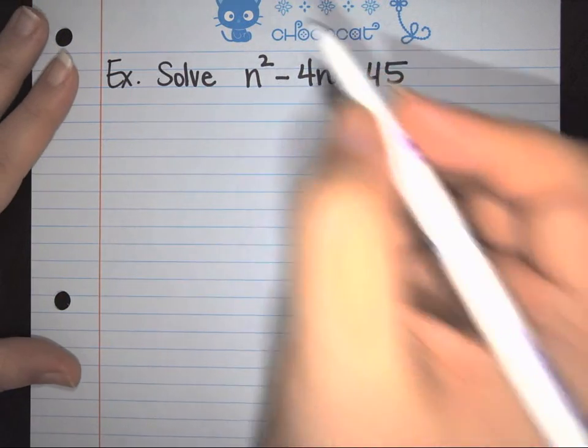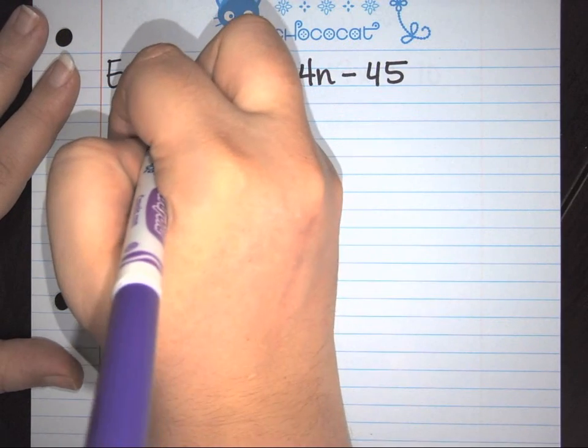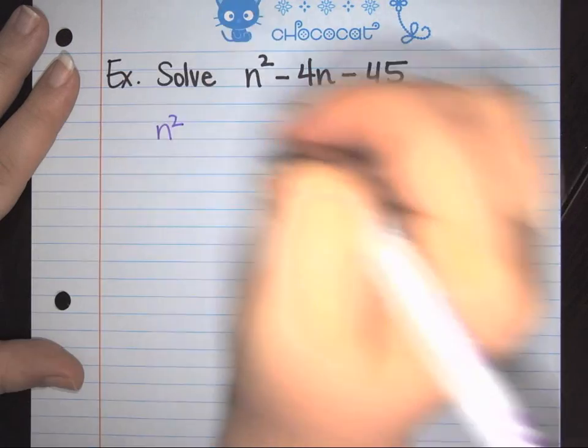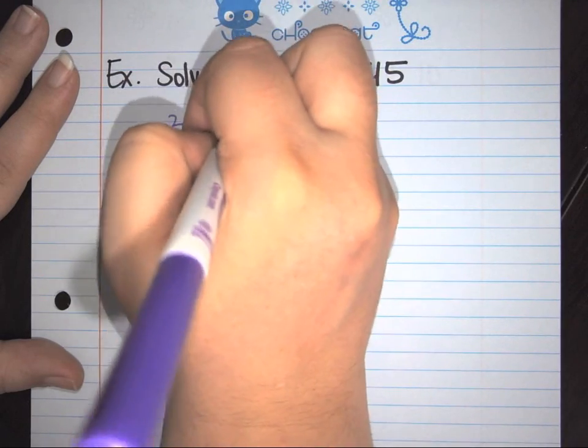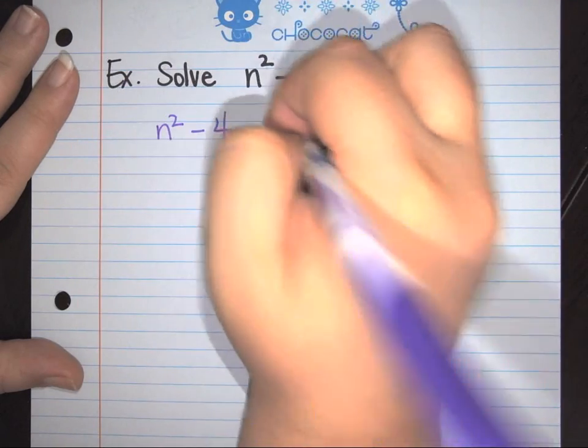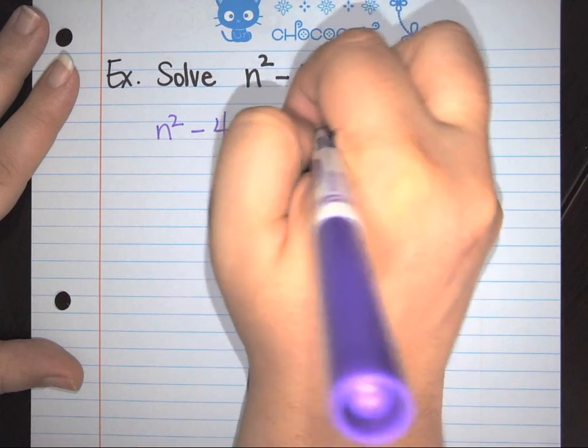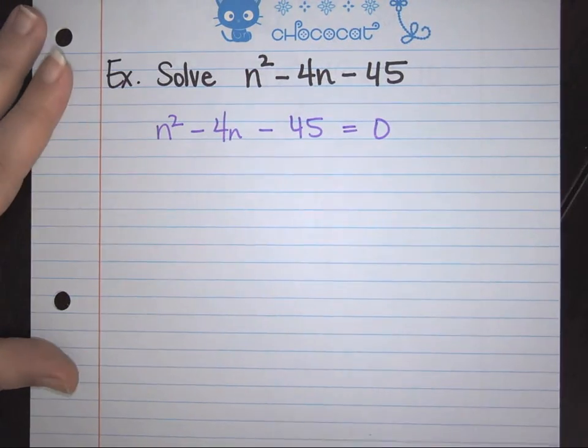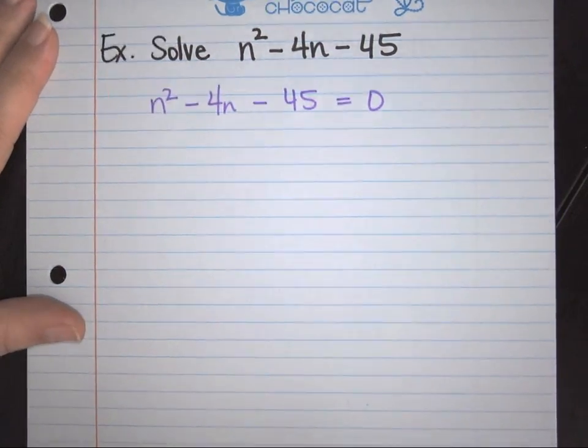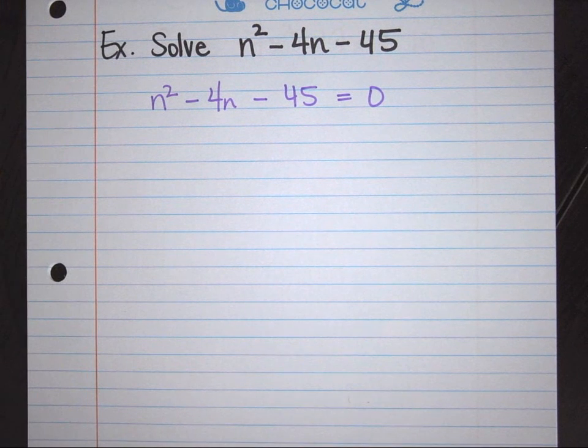So that first step is we need to rewrite our equation so that we have n squared minus 4n minus 45 equals 0. So now the first thing we need to do is we need to factor it.